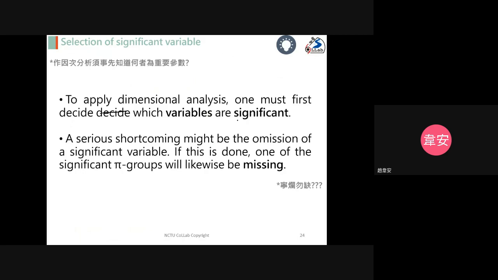So you can use more physical parameters to do the dimensional analysis. After the analysis, finally you only have the pi groups related to your physical phenomena. So this is very important. You need to do the selection of the significant variables.